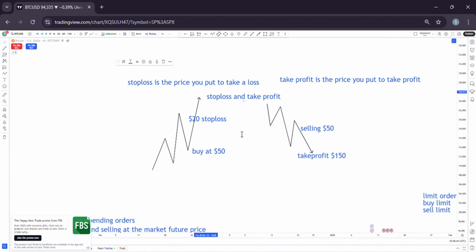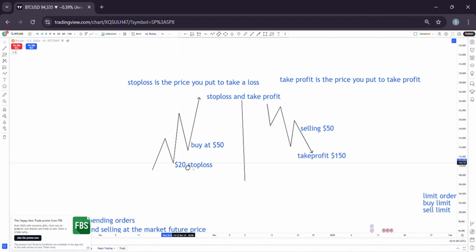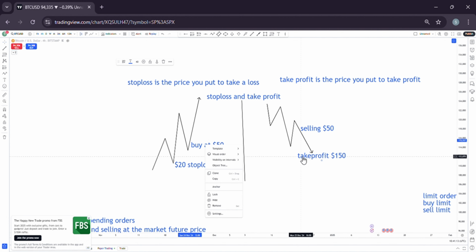For example, there are two scenarios here since you're buying and you're selling. If you're buying, for example, you buy at $50. If you're buying, your stop loss will be below and your take profit will be above.